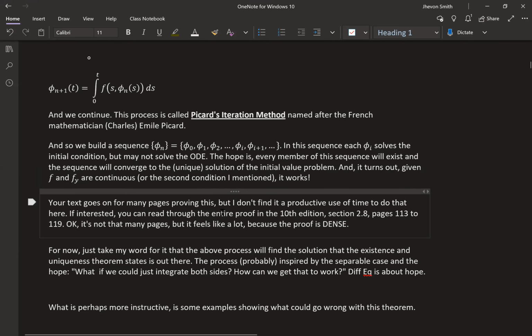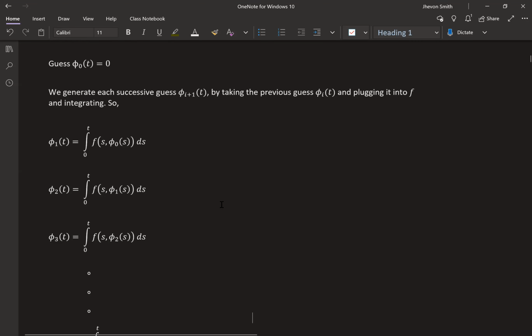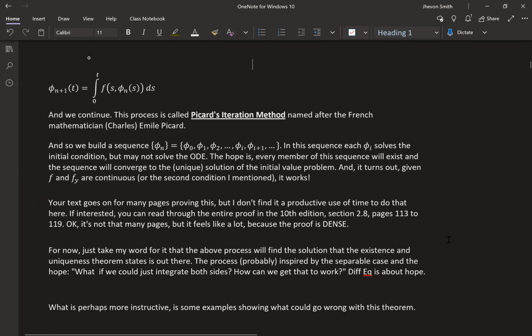I'm not going to go through that, but this is essentially the main outline of how we got it to work. And why would someone guess that would work? I don't know. I think maybe it comes from the fact that if you saw a separable first order ODE, you can just get to the answer by integrating both sides. So someone just thought, what if I could always just integrate both sides? How can I actually get that to work?